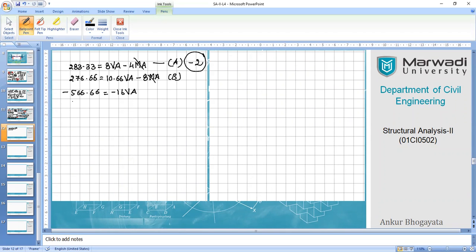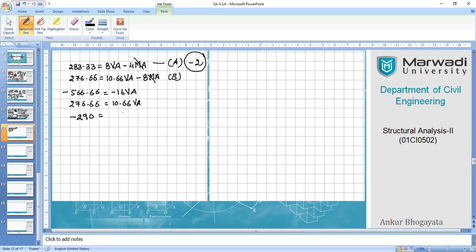And here you already have 276.66 equals 10.66 VA. So that should give you minus 566.66 minus 276.66, so that is negative 290, equals minus 16 and 10.66.